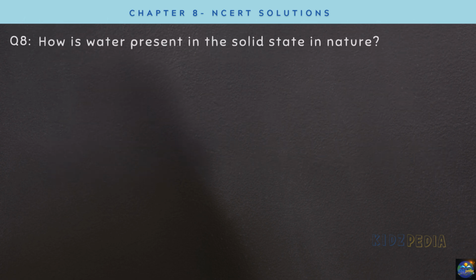Next question. How is water present in the solid state in nature? We know that water can exist in 3 states: solid, liquid and gaseous. When the temperature becomes very low, water freezes and changes into the solid state.